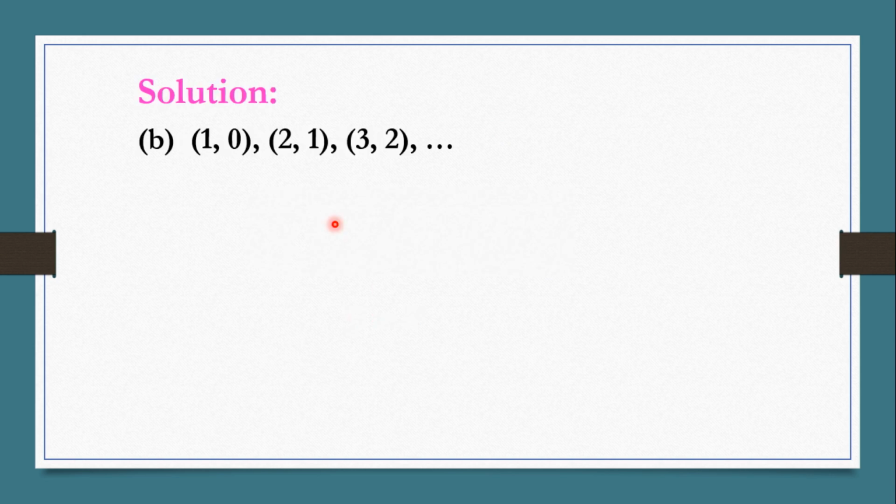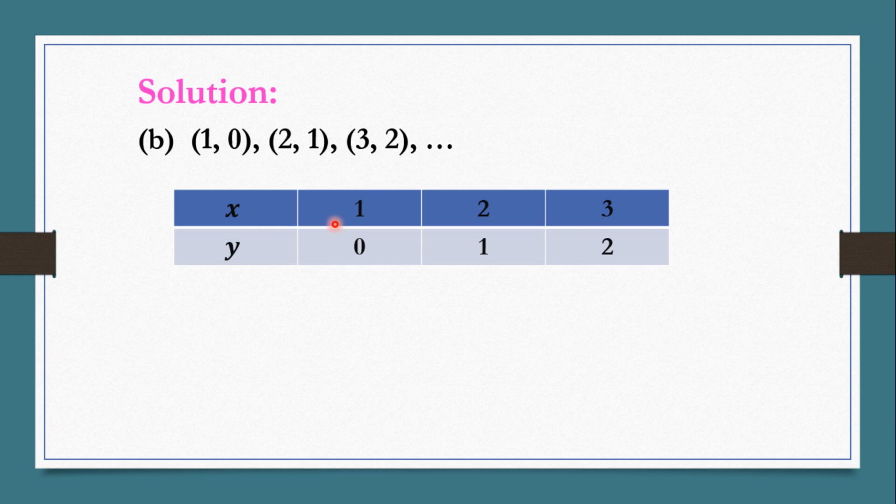Part B: (1, 0), (2, 1), (3, 2). Again, we are going to write the x values and y values in the form of a table. So x will be 1, 2, 3, and y will be 0, 1, 2. Now let us find the relationship which exists between the x and y values.